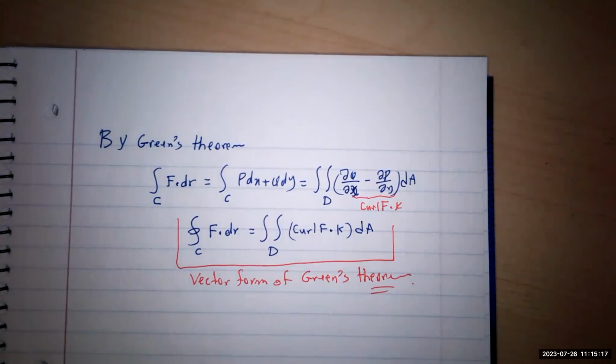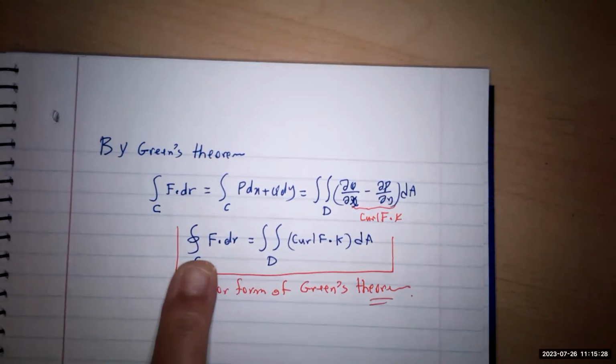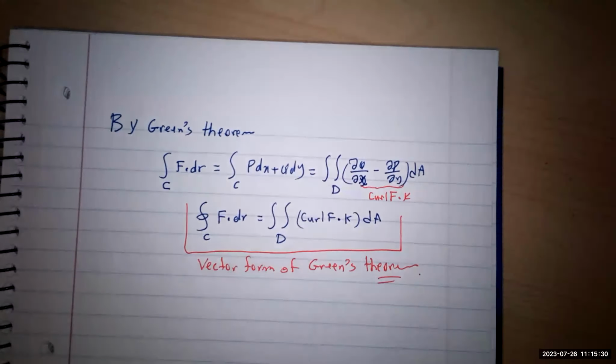At the end of today, we are going to create a similar formula, but we have to adjust the integrations. Our function here is a vector field in two dimensions, in R2 only. If you want to do it in R3, you can.